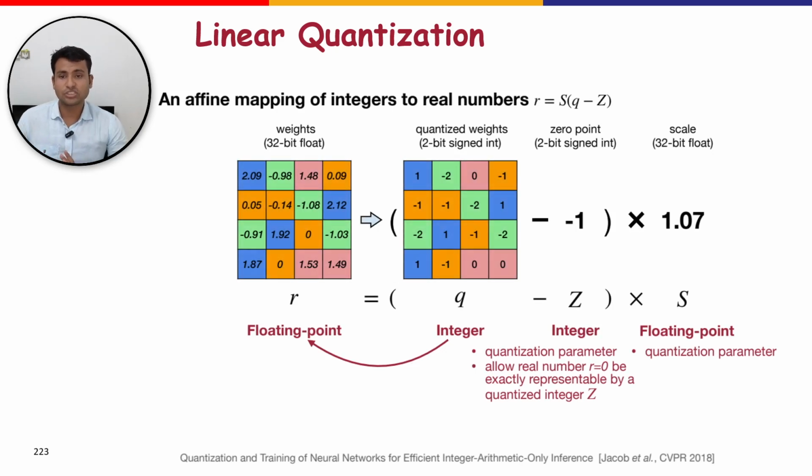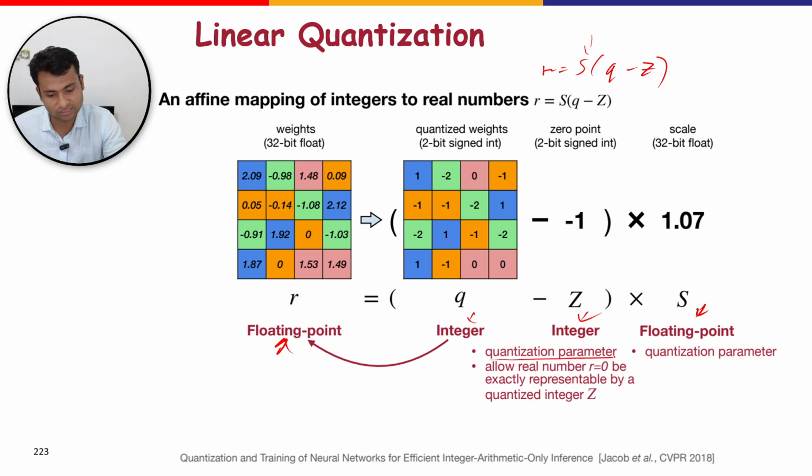So linear quantization is an affine mapping of integers to real numbers, and the idea is simple: any real number r can be represented by a scaling factor, which is 32 bit, into the quantization, which is the quantized value minus the 0 point. So this is floating point, and both of these are integers.